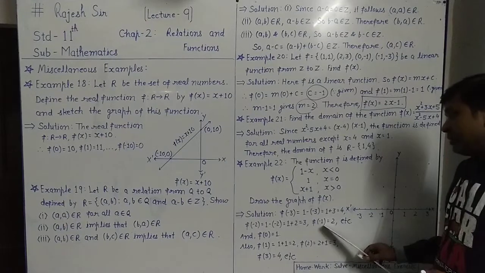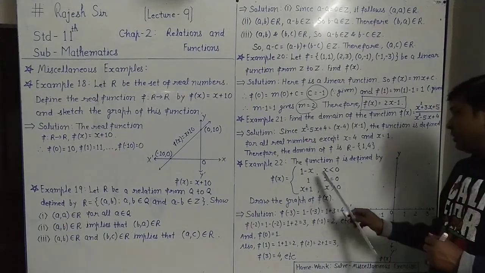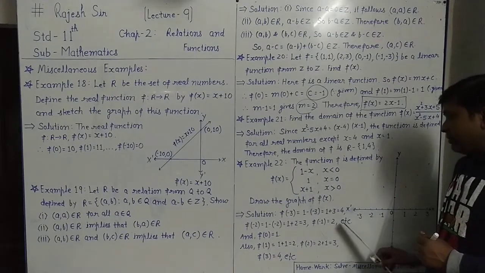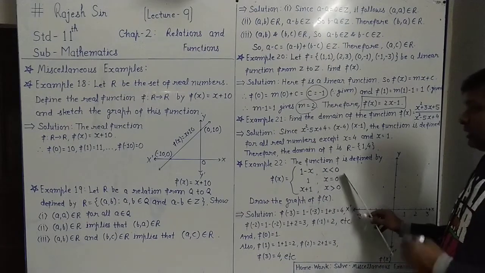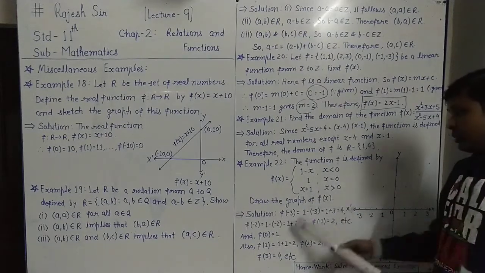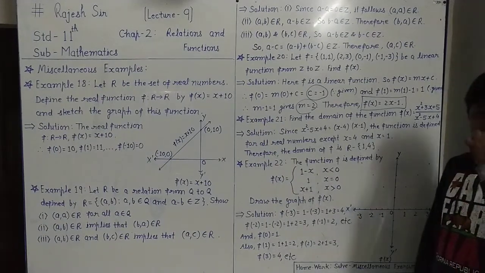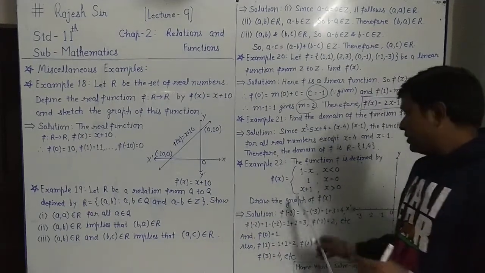Similarly f of minus 1, again a negative number, so it will be 1 minus (minus 1), 1 plus 1 is 2, and so on. So all the negative numbers follow the first part. And for x equal to 0, f(0) equals 1 always. So that is the fixed value.